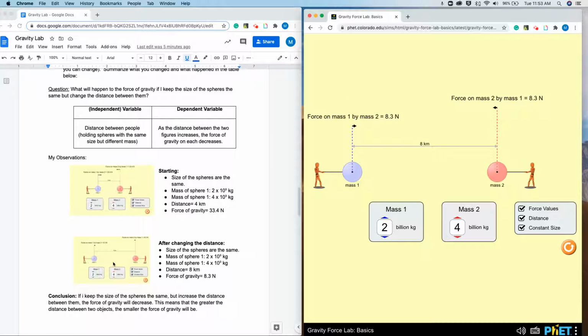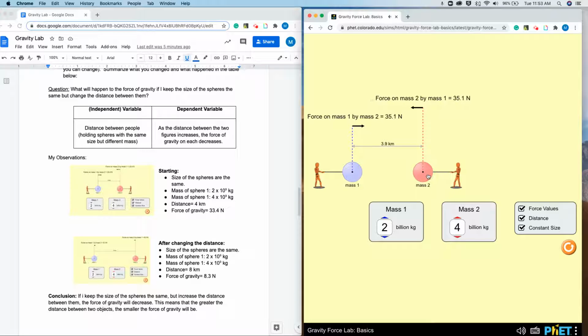I'm going to record that all over here, and then go back up here and say, as the distance between the two figures increased, the force of gravity on each of them decreased. Because when I had them close together, the force was 33.4 newtons, and as I moved them apart to 8 kilometers, it was 8.3 newtons.